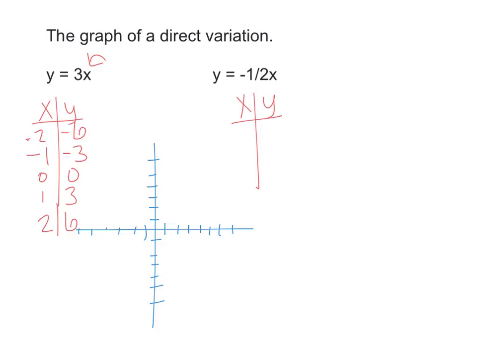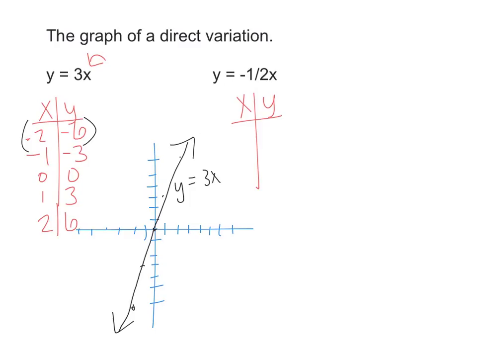So starting with my first point, -2, -6, so left 2, down 6, -1, -3, 0, 0, 1, 3, and then 2, 6. And then very carefully try to draw your line. And this is the graph of the direct variation y equals 3x.